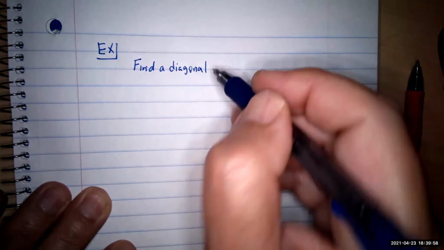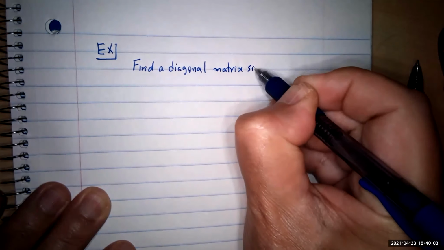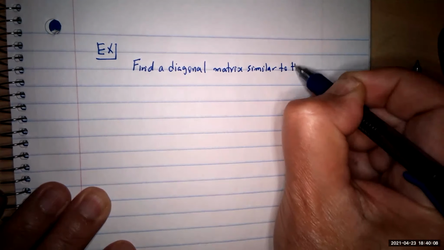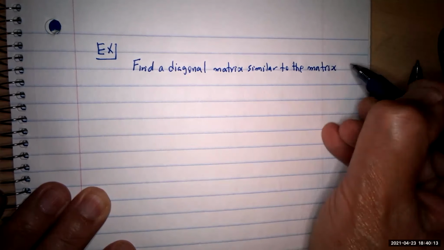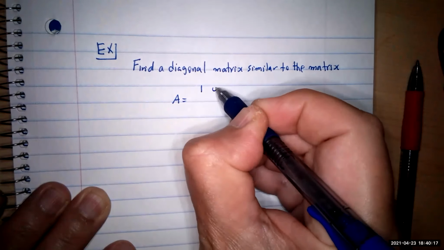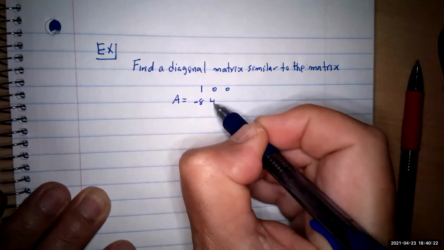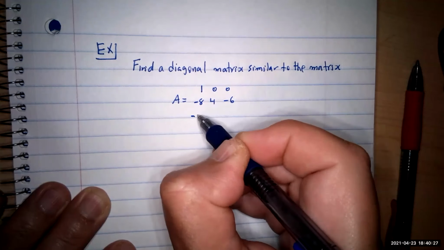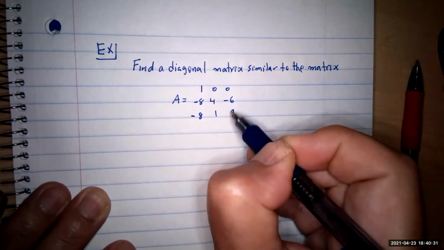Find a diagonal matrix similar to the matrix A. And this is the matrix: 1, 0, 0, -8, 4, -6, and this must be -8 again, -8, 1 and 9.